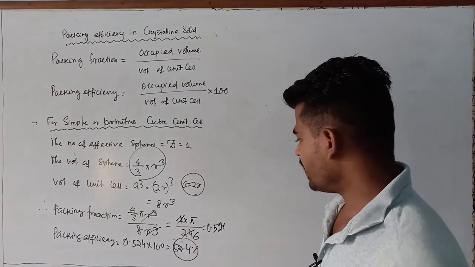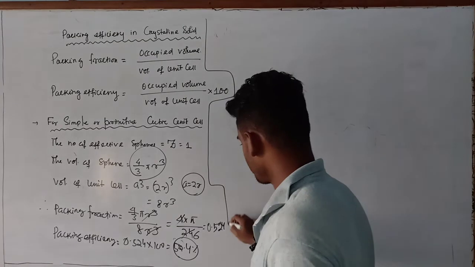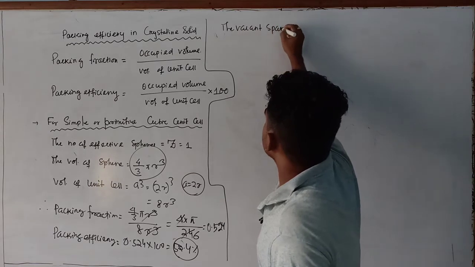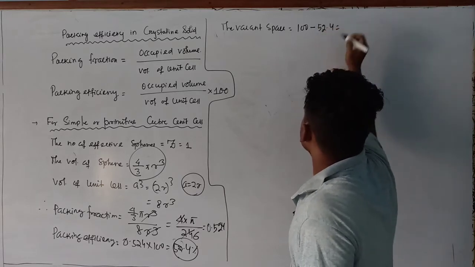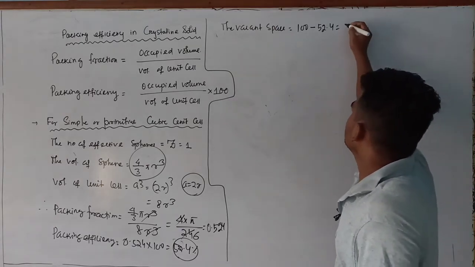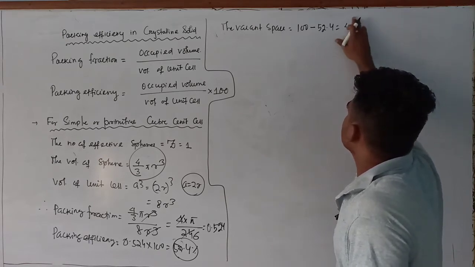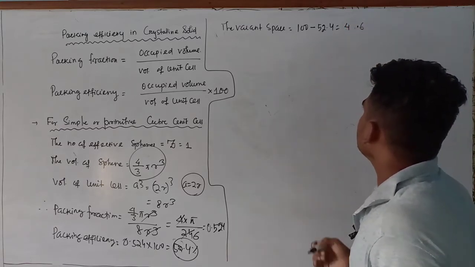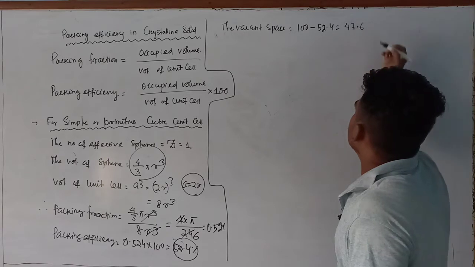Okay, so the vacant space will be 100 minus 52.4. So the vacant space, you have to deduct this much, 52.4 from 100, that will be 47.6.